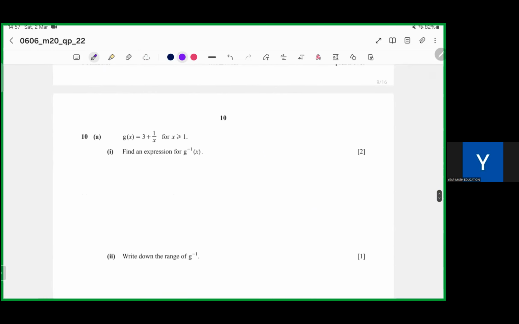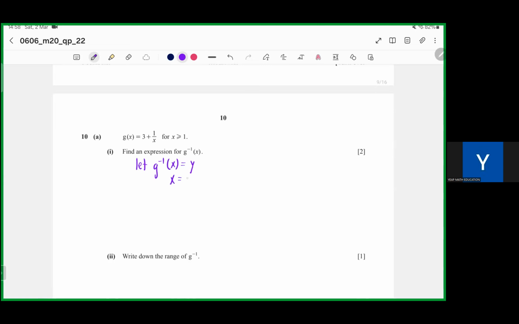Okay, now we see question 10 here. Question 10 asks: g(x) equals 3 plus 1 over x for x more than 1. Find an expression for the inverse of g(x). We can let g(x) equal y.